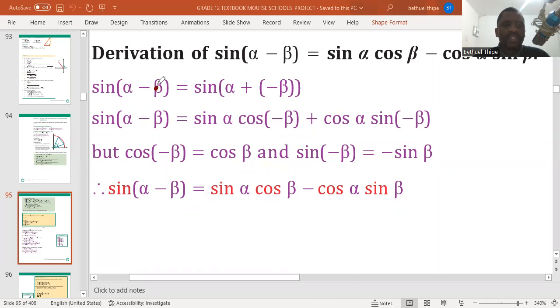What we do firstly, we take this negative here and we multiply it with a positive. Our aim is to make sure that the symbol, this positive, is the same as the one that is given above.